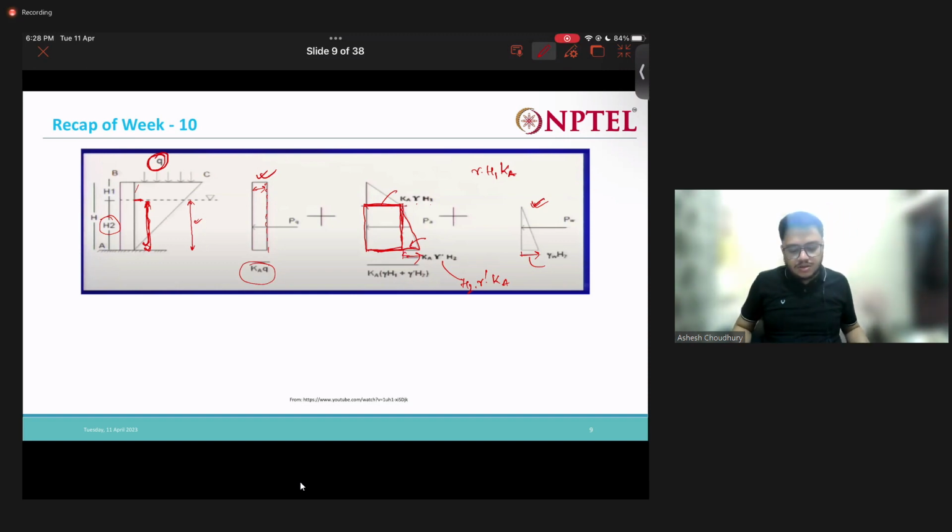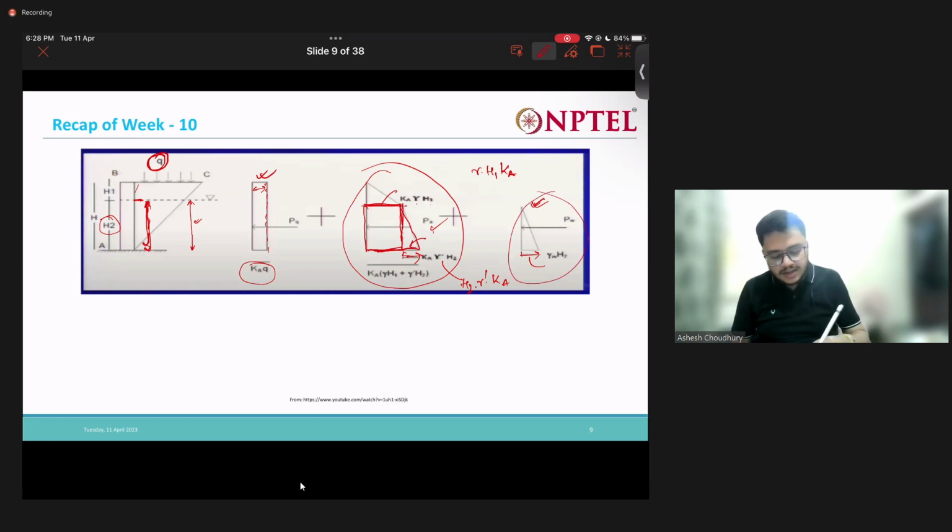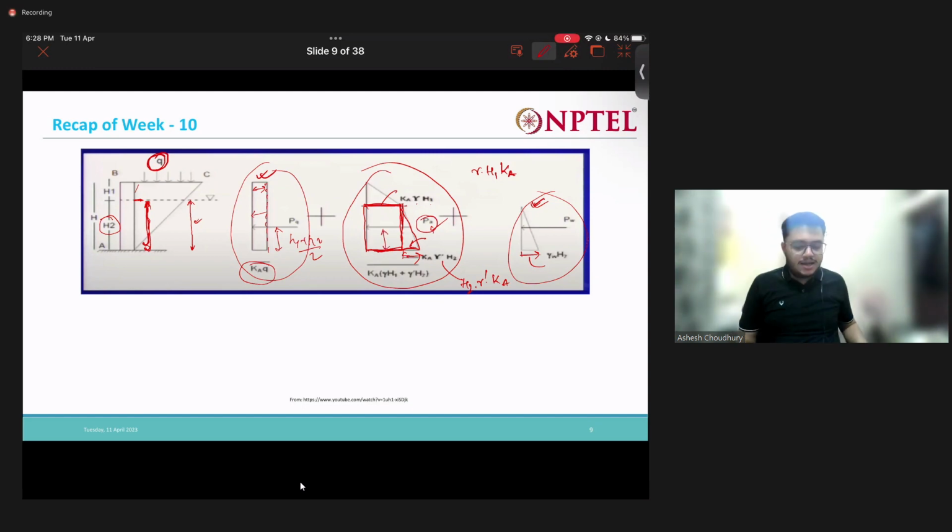So what we need to do to determine Pa is to determine the area of this total stress distribution diagram. Pw we will find from the area. Pq will be acting at half height, this will be h1 plus h2 by 2. For the point of action of Pa, we need to determine the height, and the point of action of Pw is h3.